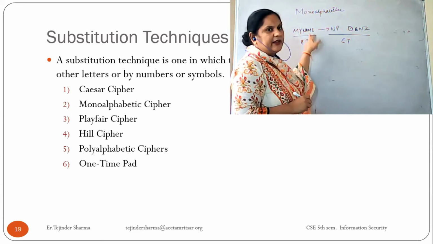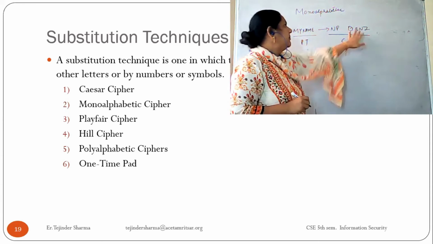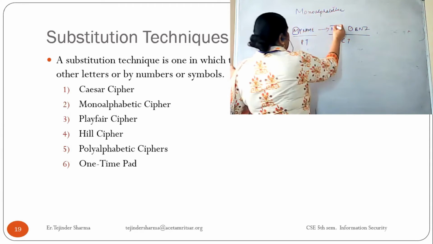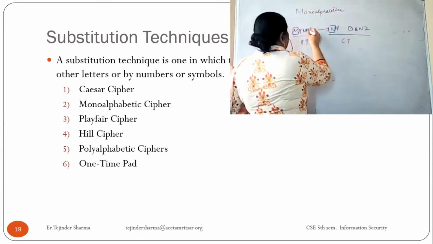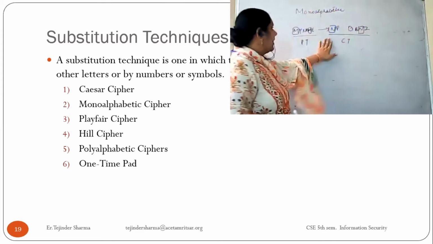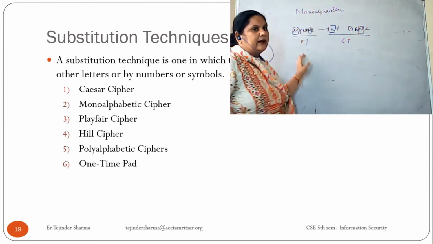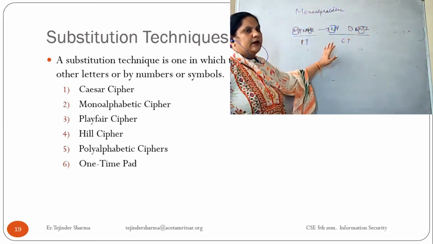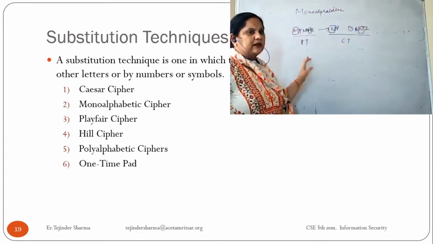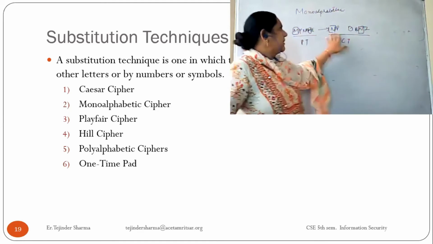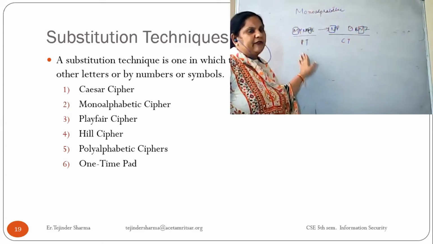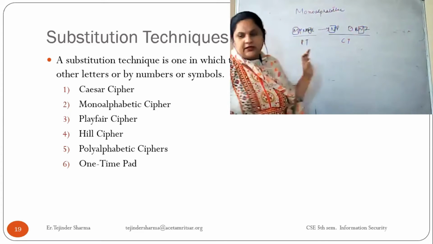So wherever any m is occurring, it will be replaced by n. See, m is there, so it was replaced by n, and m is there, it will be replaced by n. Fine. So that means if we have decided that n will remain the ciphertext for the alphabet m, then wherever m is occurring in your text, it will be replaced by n only. So this is called monoalphabetic cipher or monoalphabetic substitution.